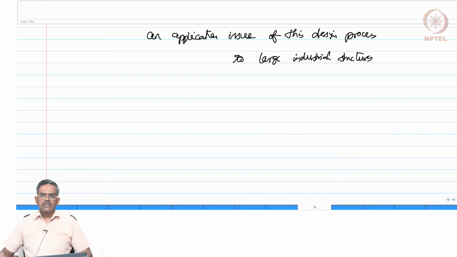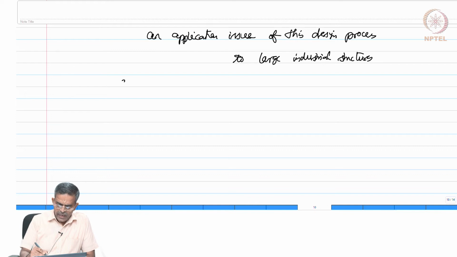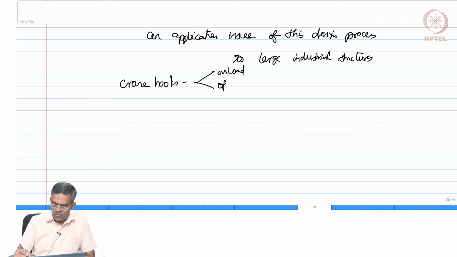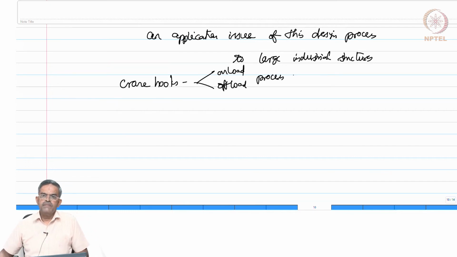You know, in large industrial structures like factories, paper industry, oil and gas exploration platforms, submarines, etc., you will notice that crane hooks, which are used for onload and offload process of the manufacturing and fabrication in industry, is one of the special elements.